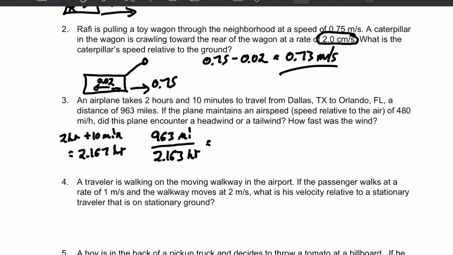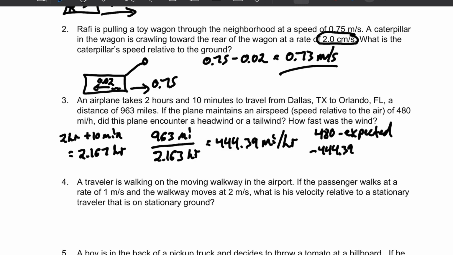So if they're traveling 963 miles and it took them 2.167 hours, their effective velocity was 444.39 miles per hour. Now they expected to have a speed of 480, but in actuality, they had a speed of 444.39. So if we look at that difference, we can get a value for that.